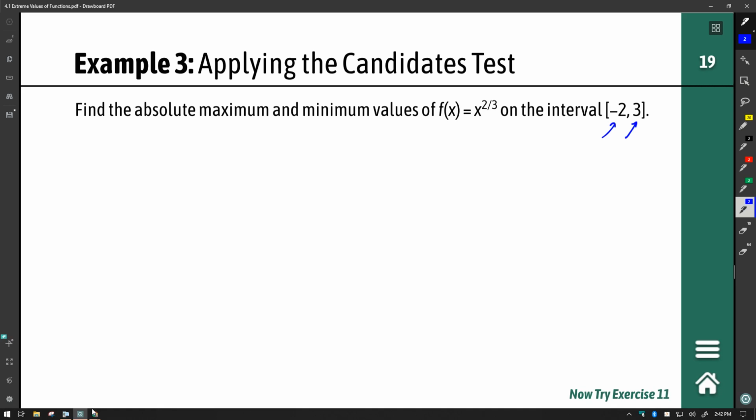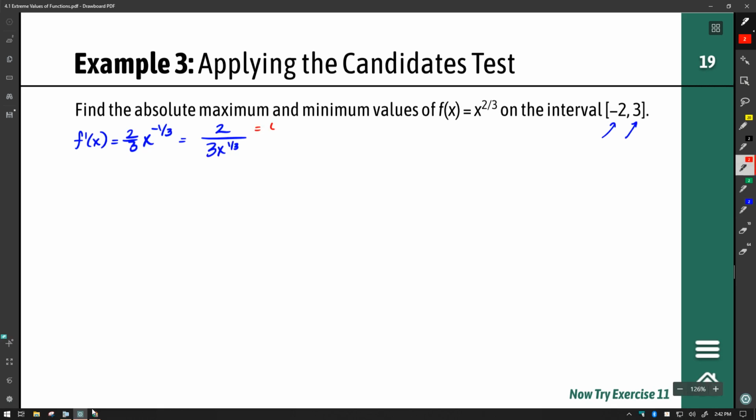So what we want to do is first find the derivative of this function and see if it might be 0 or not defined at any of the points inside -2 to 3. So the derivative by power rule is 2/3 x to the power of -1/3, which can then be simplified to 2 over 3x to the power of 1/3. So if this derivative were equal to 0, then the numerator would be 0.